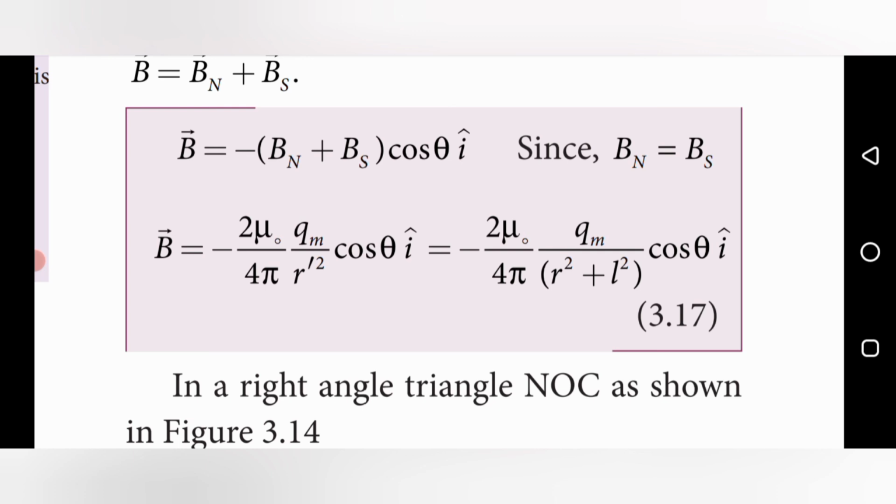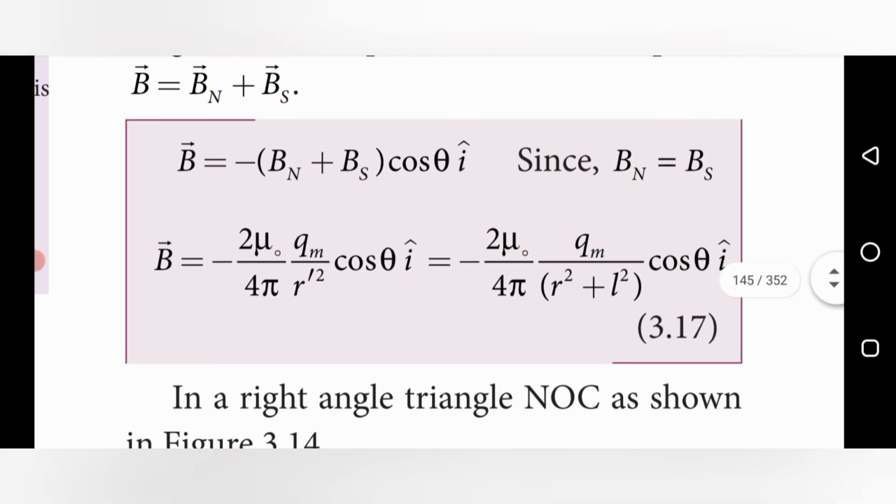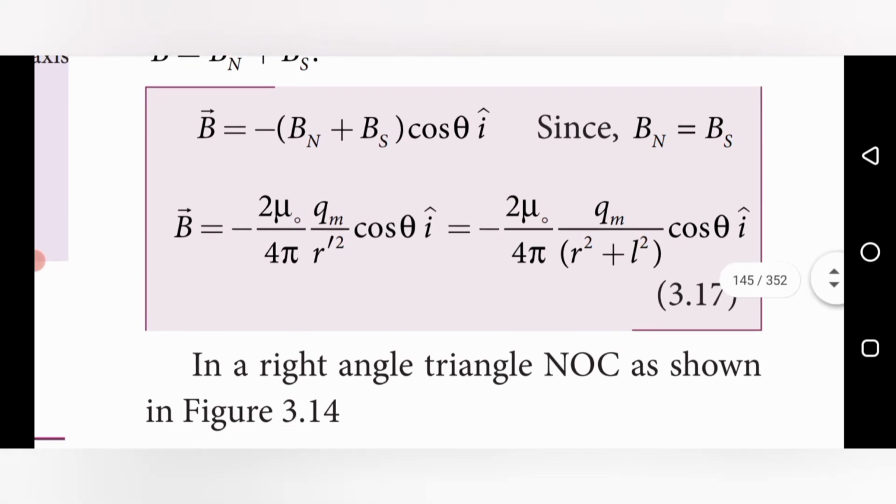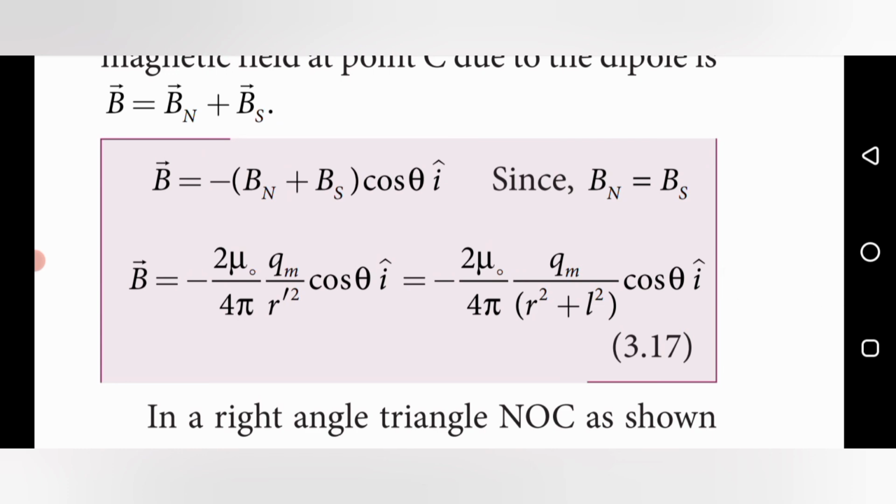Here Bn is equal to Bs. Substituting the value of B, B is equal to 2 mu naught by 4 pi, q by r dash square, then cos theta. Substituting, finally you will get 2 mu naught by 4 pi, q by r square plus l square, cos theta.